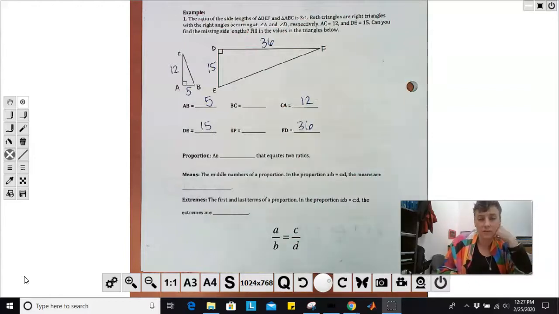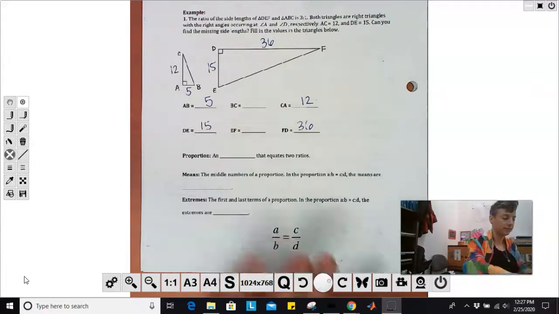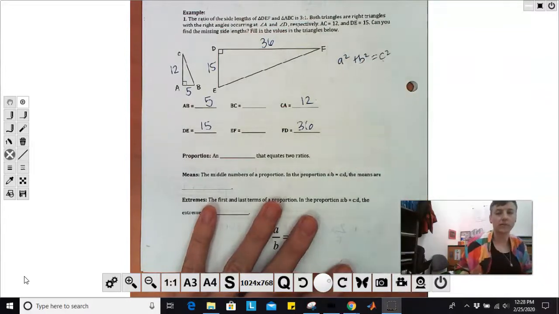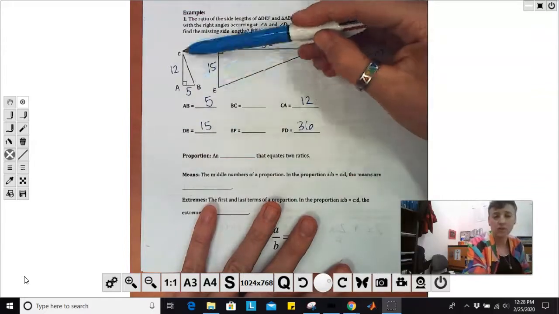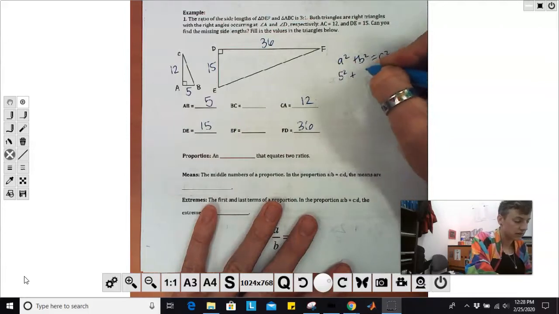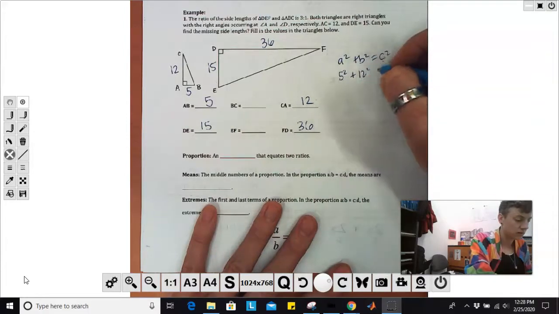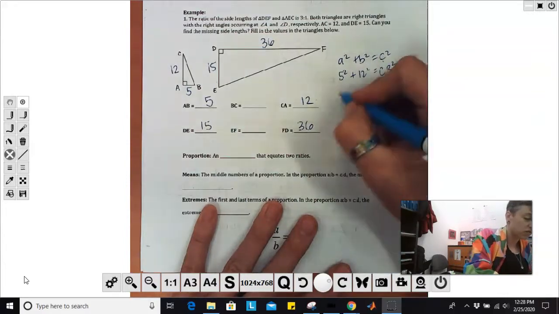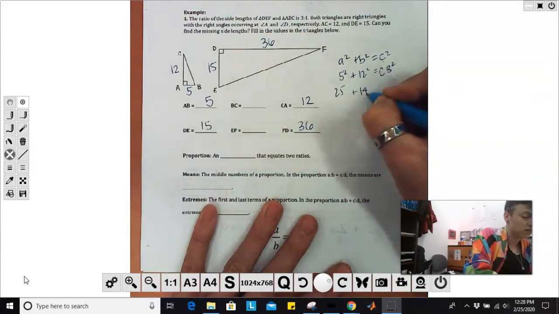How are we going to do that? The Pythagorean theorem. A squared plus B squared equals C squared. Let's find the hypotenuse of the smaller one first. So we'll do 5 squared plus 12 squared equals CB squared. 5 squared is 25, 12 squared is 144.